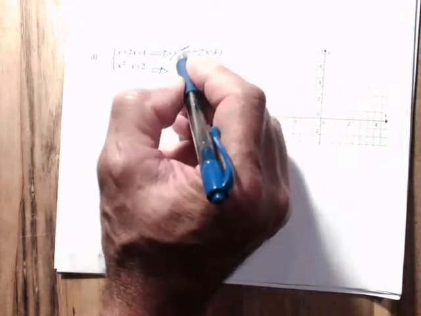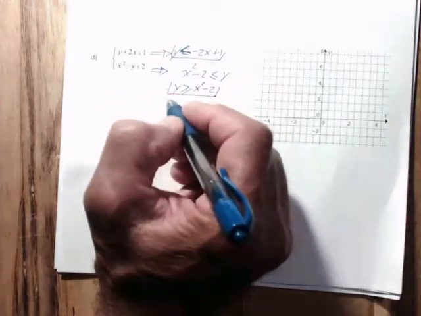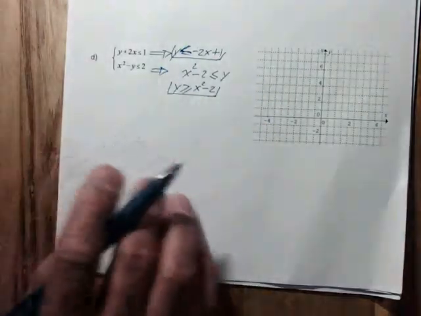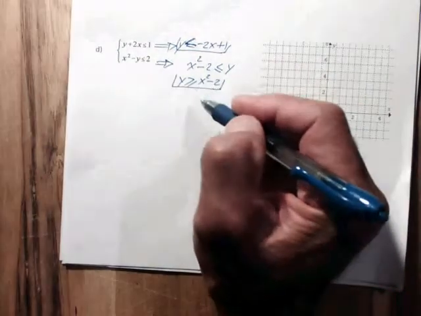Okay, so you have the two inequalities you want, and then you have to graph each one and choose one side of each one to get the solution.